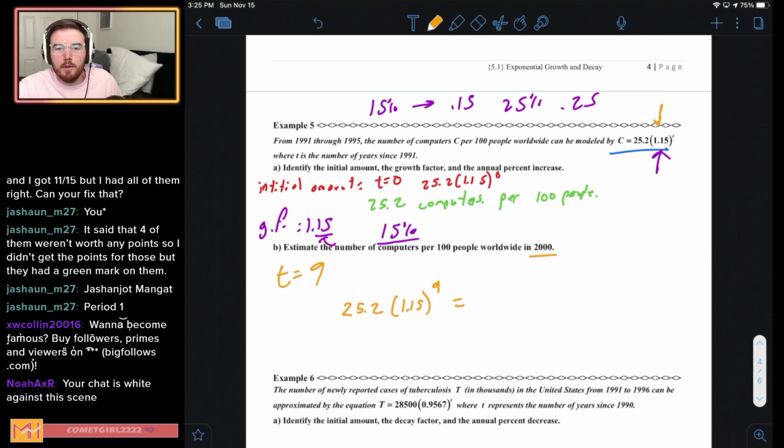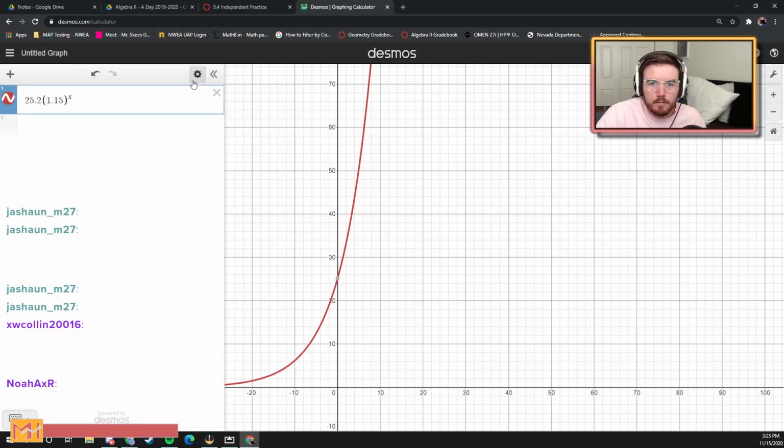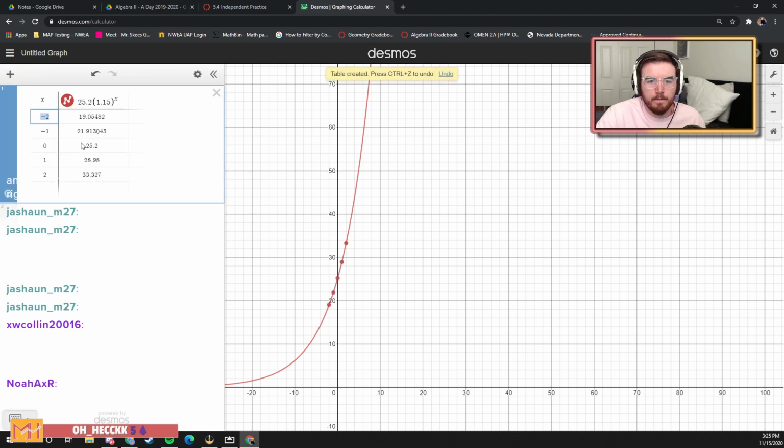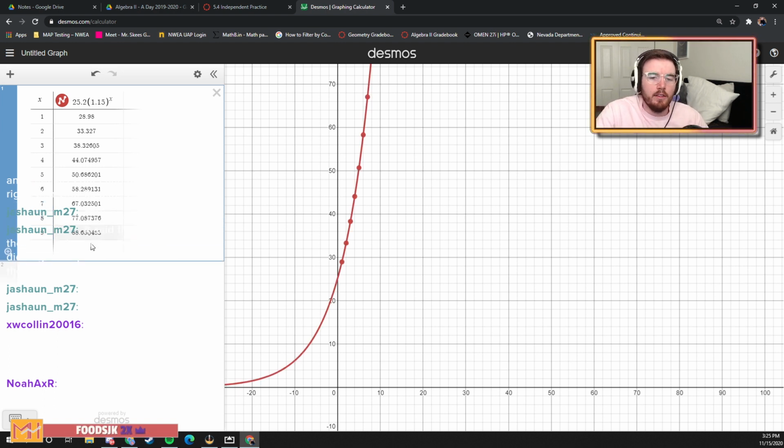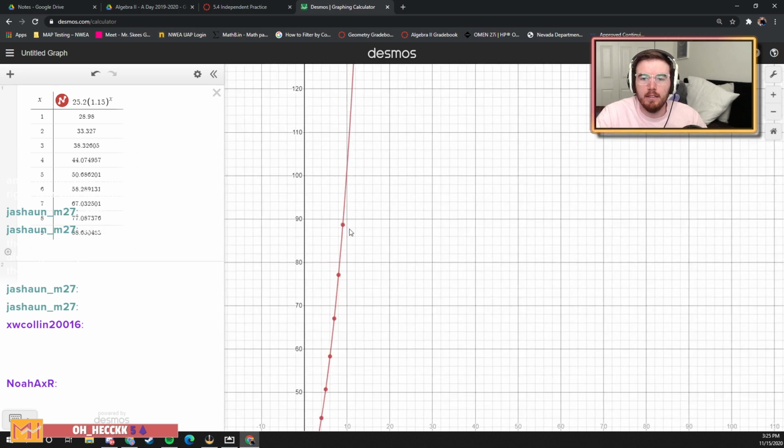Use a calculator if you have to. I'm going to use Desmos as my calculator. And by that, I mean, let's make this a table. So in 1 year, in 2 years, in 3 years, in 4, 5, 6, 7, 8, 9 years, there were 88.65 computers per 100 people in 9 years, aka the year 2000.